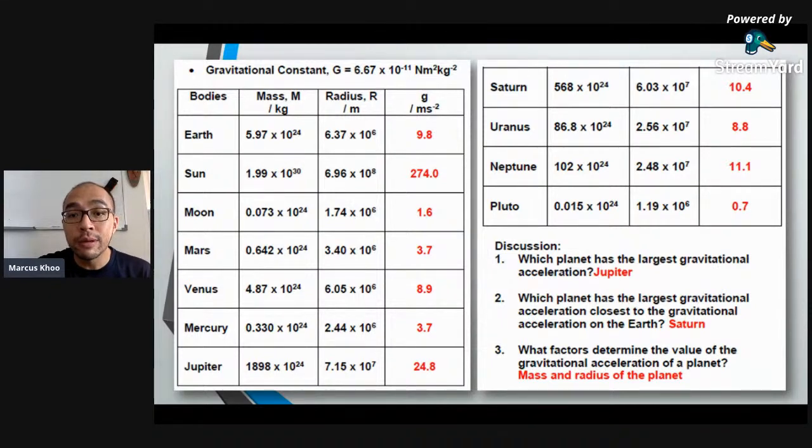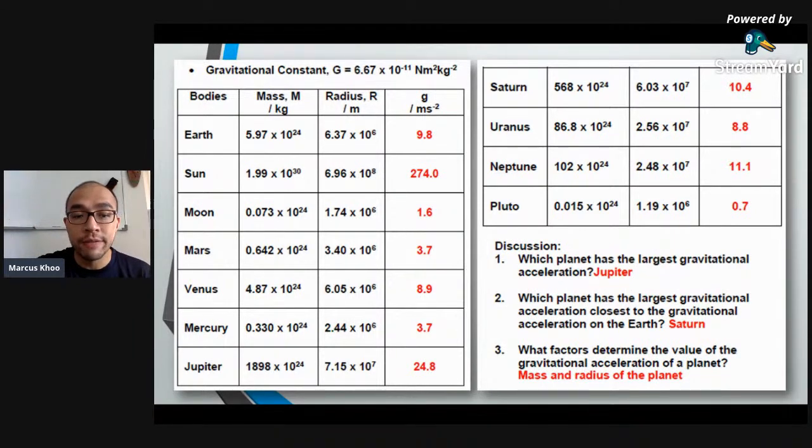Okay, we find that Pluto, the mass is so tiny. It's so much smaller compared to Earth. Earth is 5.97 times 10^24, but Pluto is 0.015 times 10^24. It's even smaller than our moon. So you find that on Pluto, which is the planet that is no longer a planet, the gravitational acceleration is very, very small. So if you make one jump, you will probably jump very high and very far.